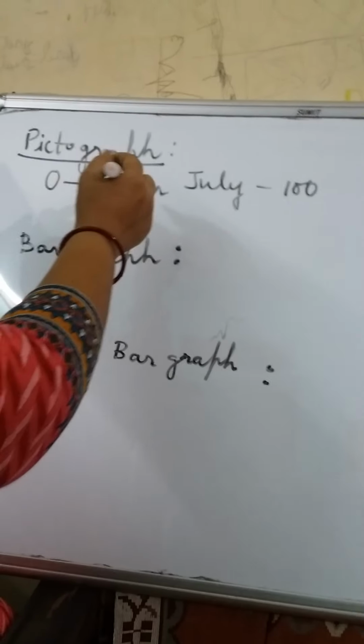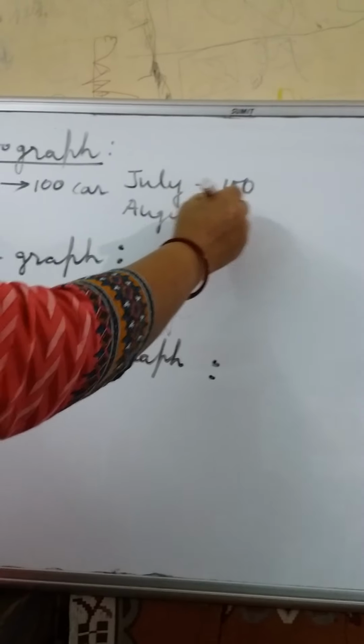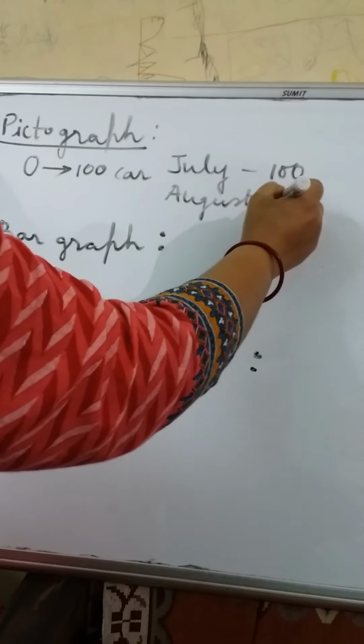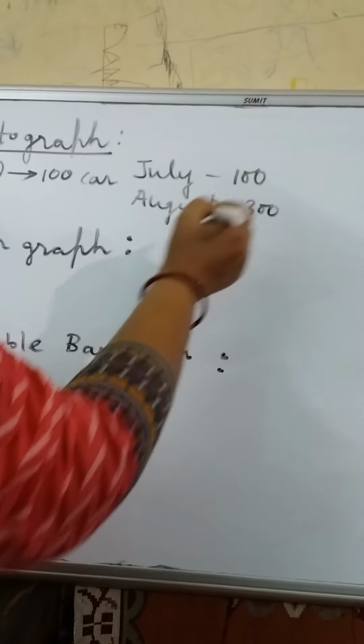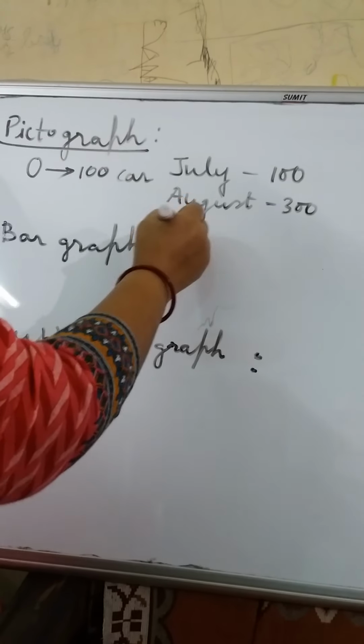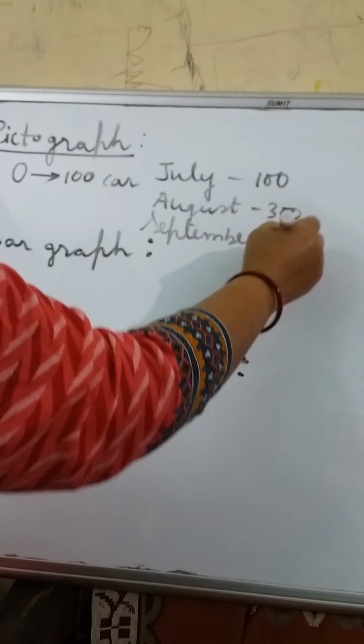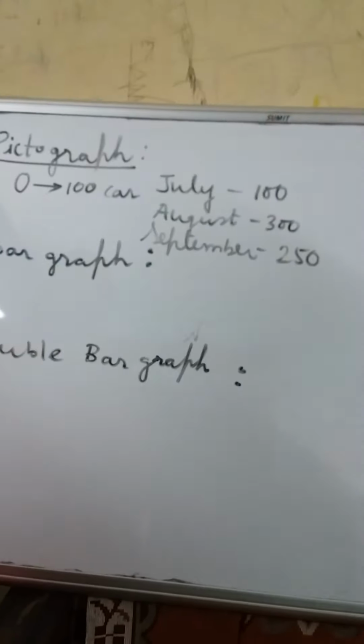100 cars, and in the month of August it has produced 300 cars, and in September say 250 cars it has produced.